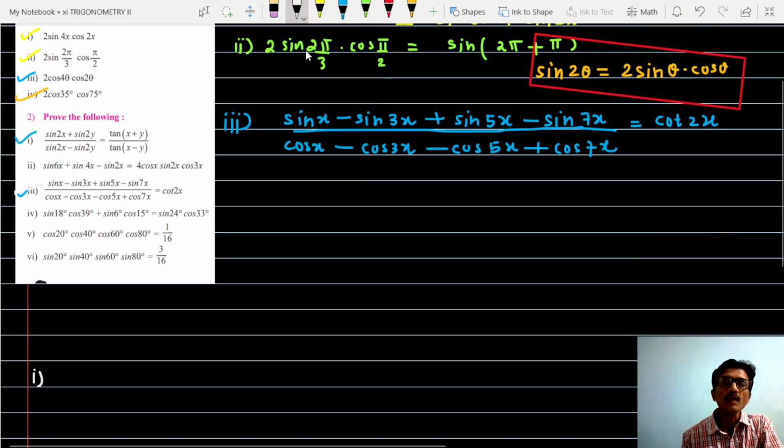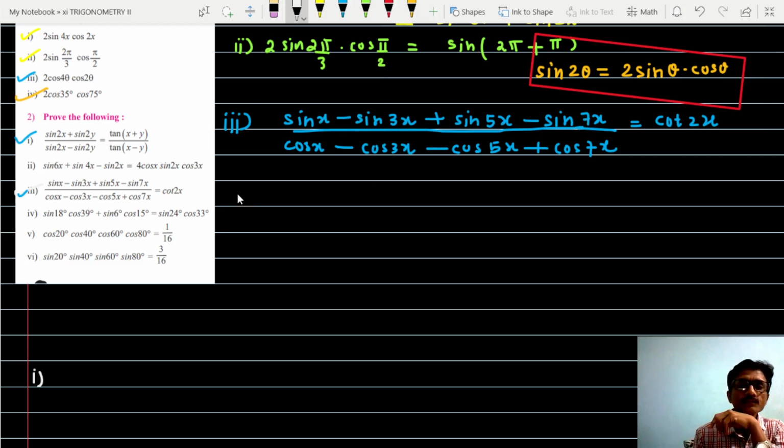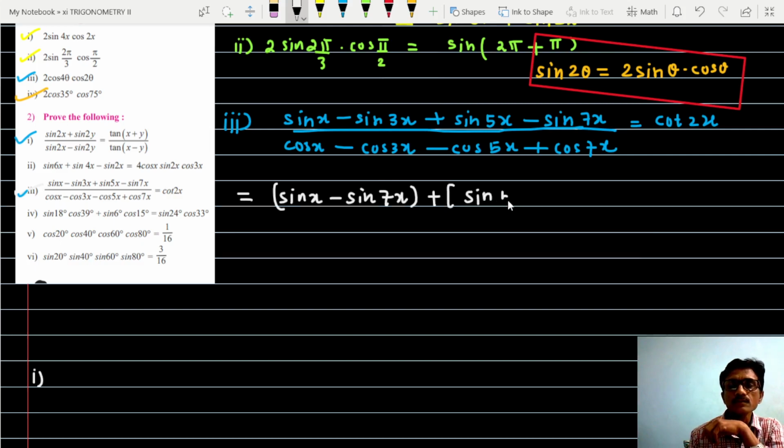So which terms are to be grouped here? Look here, sin x and sin 7x we will group. Sin x minus sin 7x, okay, and plus sin 5x and then minus what?